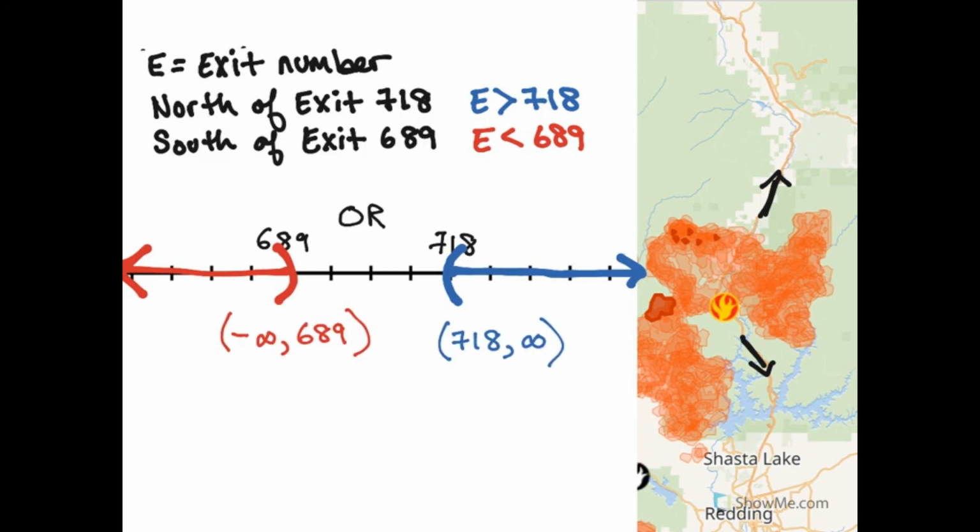So we connect with OR, and that's the union symbol. So the union of the two intervals doesn't really have any shorter way to write it. It's both these two intervals together. They have no overlap. So we would write the part of the highway that's open as minus infinity to 689, not including, union with 718, not included, to infinity.